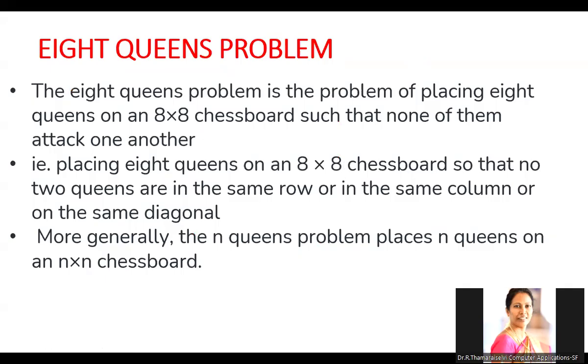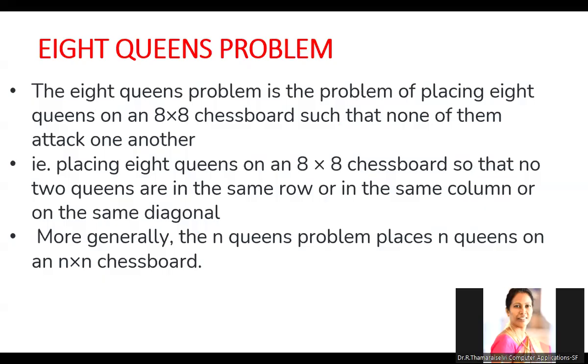Eight queens problem. The eight queens problem is the problem of placing 8 queens on an 8x8 chessboard such that none of them attack one another. In an 8x8 chessboard, we have 64 boxes, 64 squares, 64 cells.